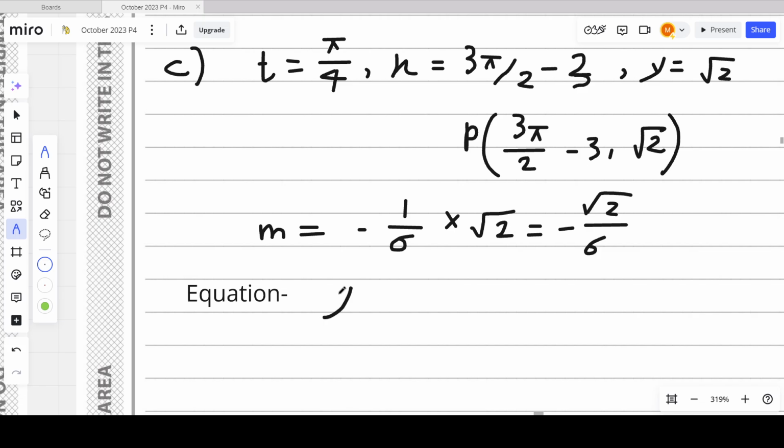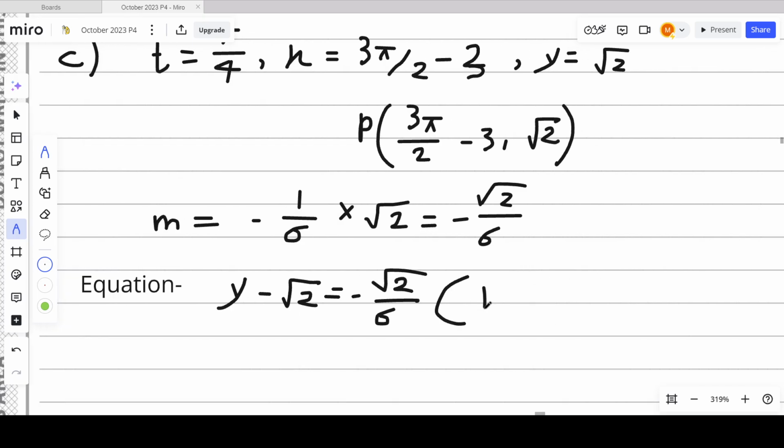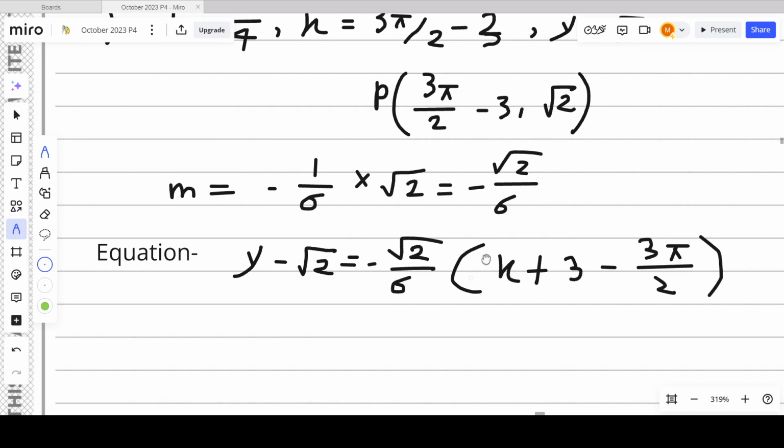So y minus y1, that is y minus square root of 2, equals m, the gradient, negative square root of 2 over 6, times x minus x1, so x plus 3 minus 3 pi over 2, right? Okay, so this is the equation of the tangent.